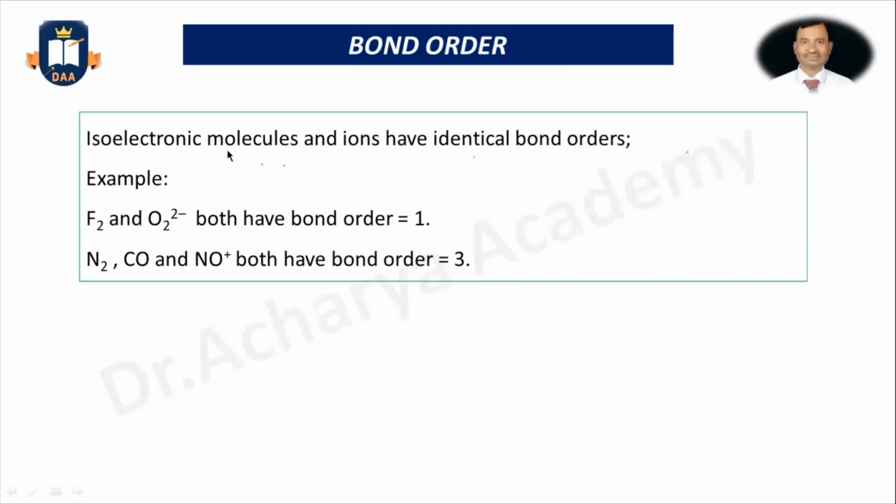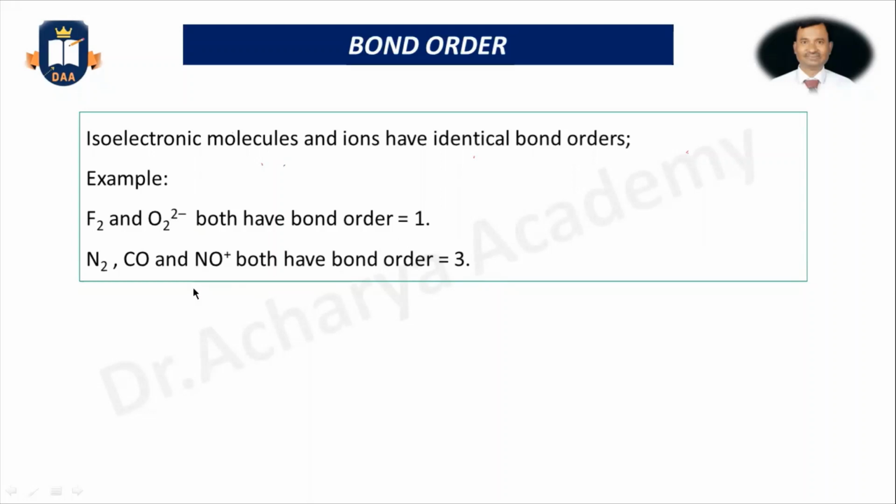Isoelectronic molecules are those molecules which have the same number of electrons. So isoelectronic molecules and ions have identical bond orders. For example, the F2 fluorine molecule and the O2 2 minus anion both have the same number of electrons and bond order 1.